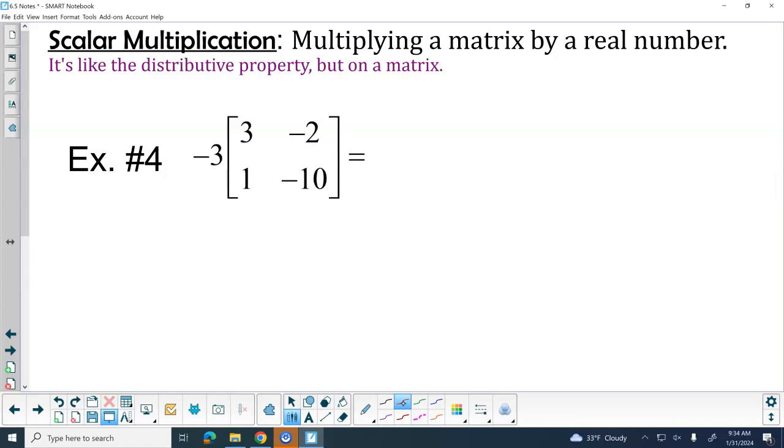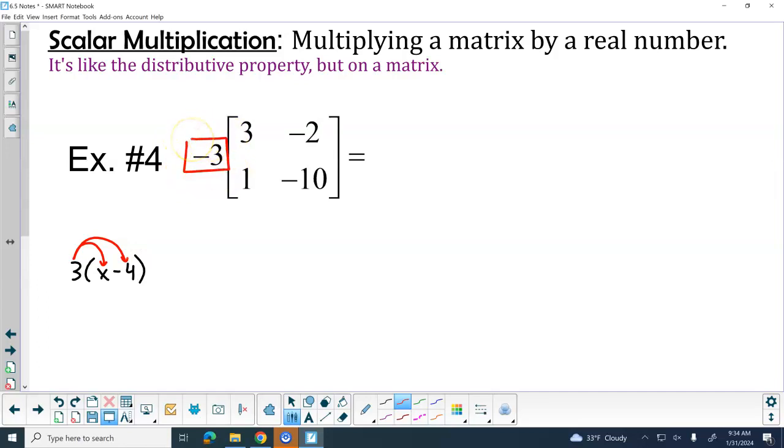If you had 3 times the quantity x minus 4, you would take this 3 and distribute it into all of the parts inside the parentheses. We've done that for years and years. Now, with matrices, you are going to be doing the same thing.